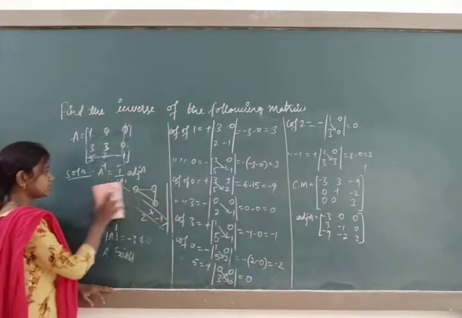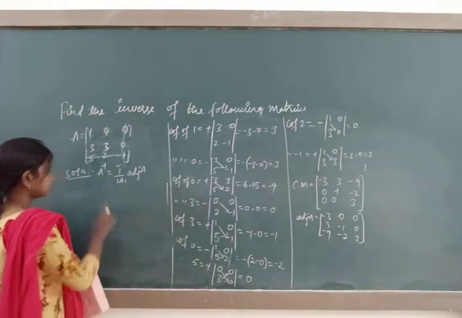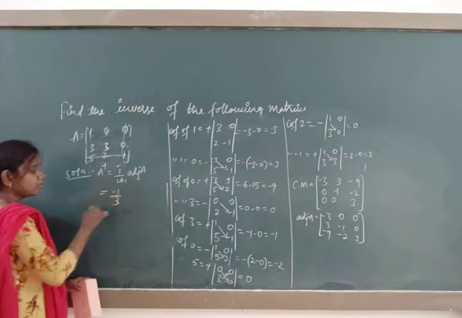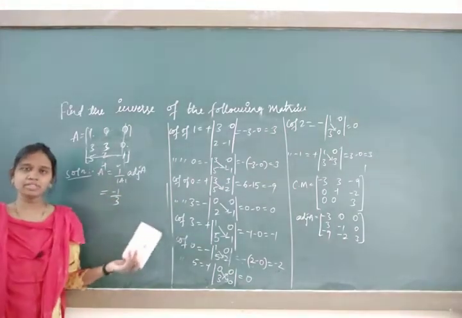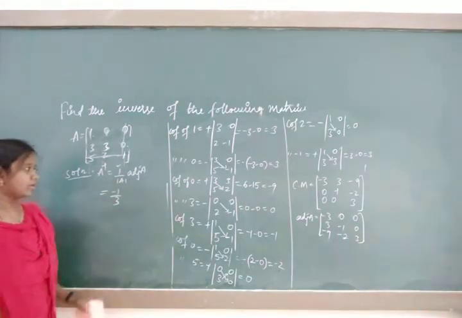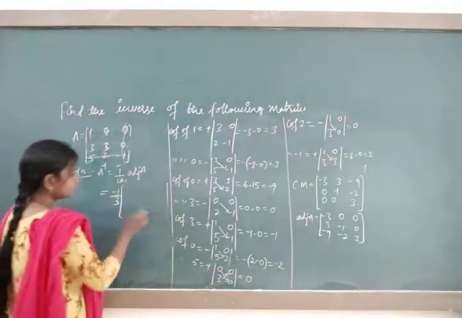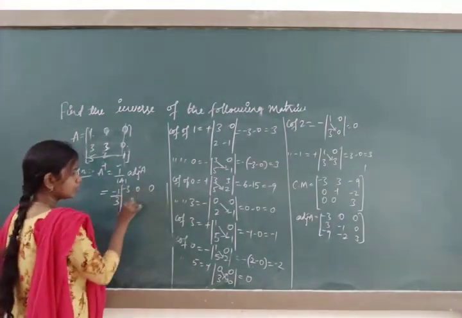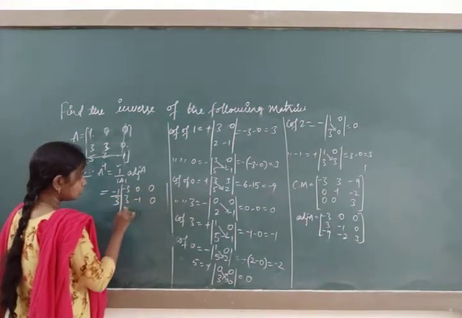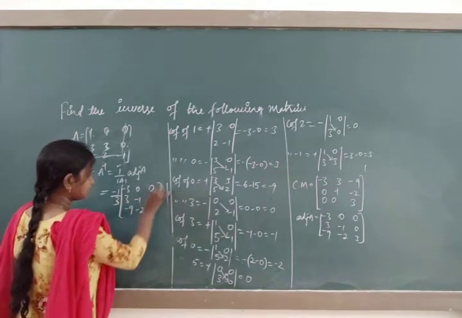Determinant value is minus 3. You can take the 3 minus value to the numerator or denominator. The adjoint value we got is minus 3, 0, 0, 3, minus 1, 0, minus 9, minus 2, 3.